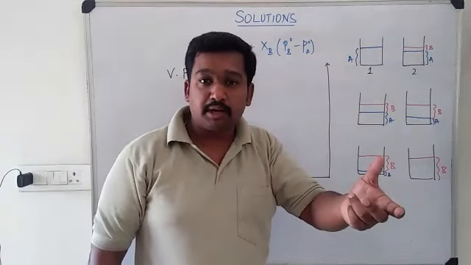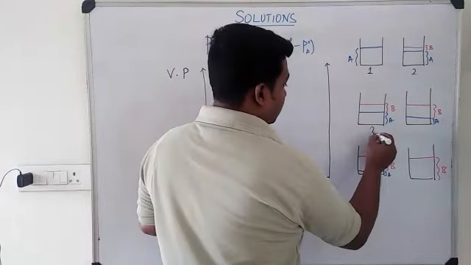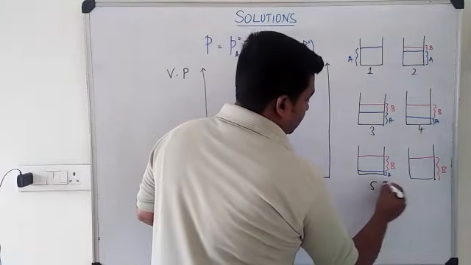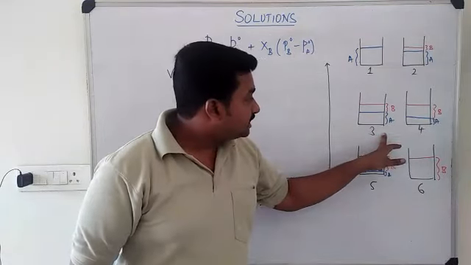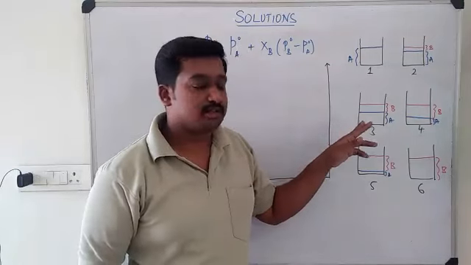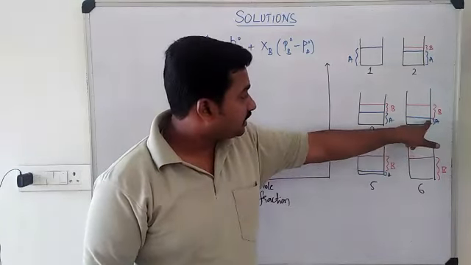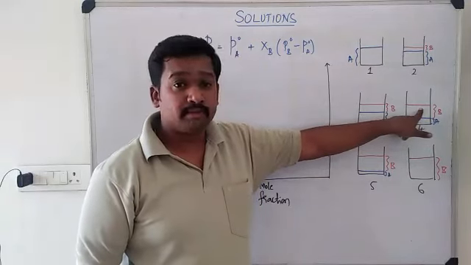I have added another liquid into this. In third case, let us vary this again. 3, 4, 5, 6. I have taken some 6 examples here. In third case, let's say 50 ml A, 50 ml B are there. That is equal proportions. In fourth case, say 30 ml of A and 70 ml of B.